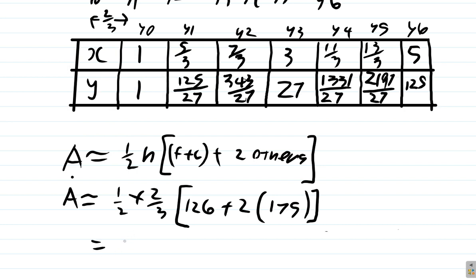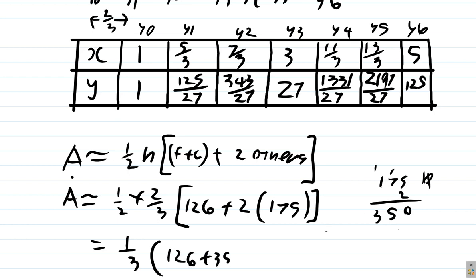So this is going to be, 2 cancel, 1/3 times 175 by 2, which is 350. If we add 126 to this, we get 476.